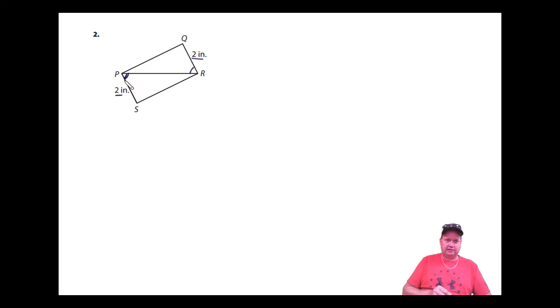So SP is a side, and then there's my angle, and I need to know something about PR. But if you take a look at this triangle up here, this is 2 inches, and I'm drawing this side that's 2 inches. That's the one I know. And then there's my angle. And then here's my other side. Well, it's the same thing. It's PR. PR is a shared side. It's in common to both triangles.